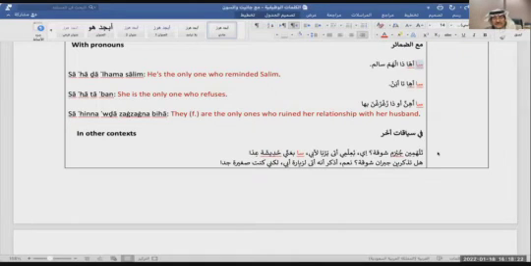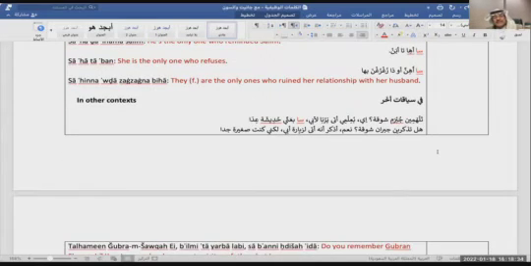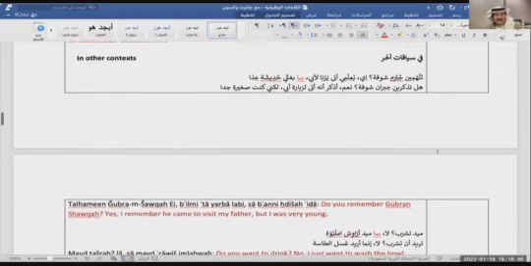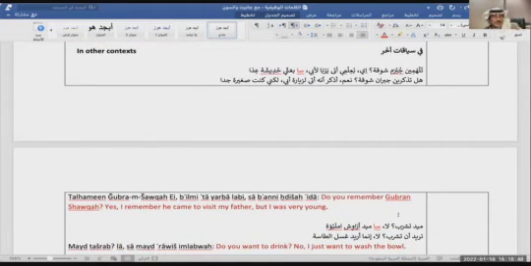For example, if someone asked a woman, "Do you remember Jubran Shawka?", she will say "eh", which means yes. Yes, I remember he came to visit my father, but I was very young.